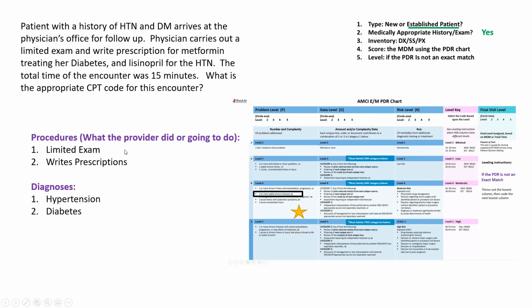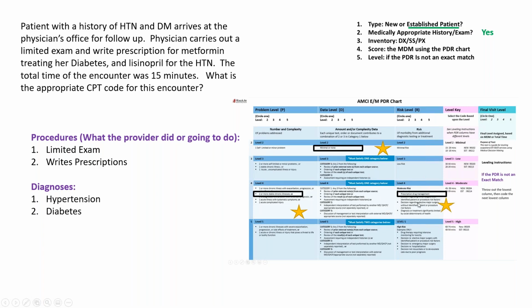Our data, the only thing that this provider did was write prescriptions, so our data is minimal. We got a level 2 data. But this provider wrote prescriptions. And if we look, prescription drug management is indeed writing a prescription.